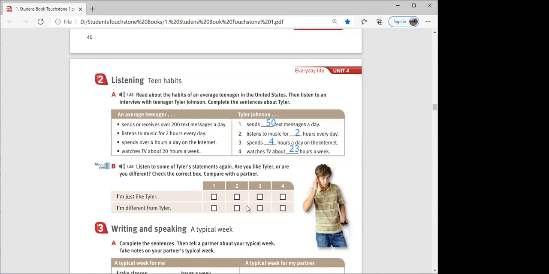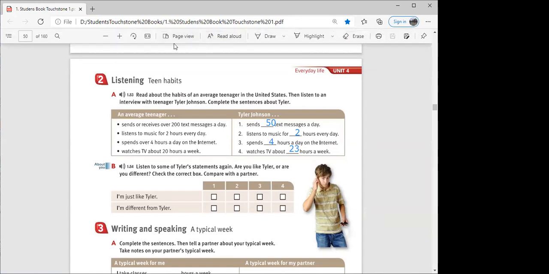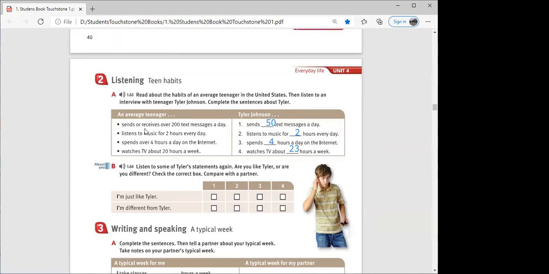All right. About messages, are you the same or different to Tyler? Ladies, can you hear me? Yes. En lo que se refiere a textos, ¿son igual a Tyler o son diferentes?